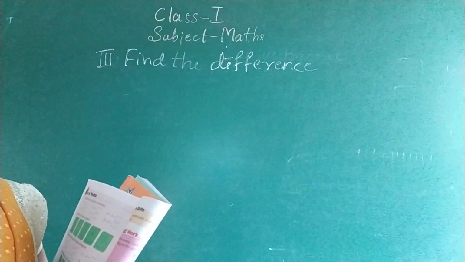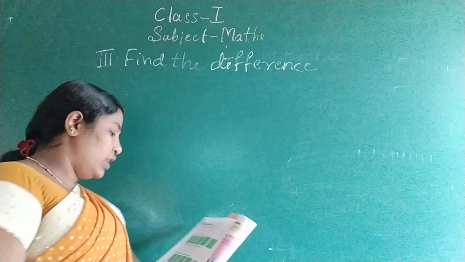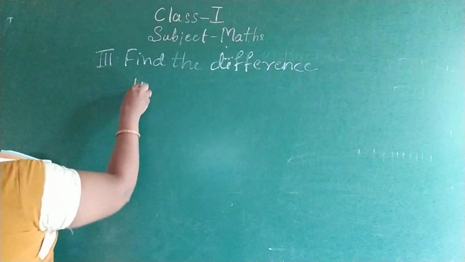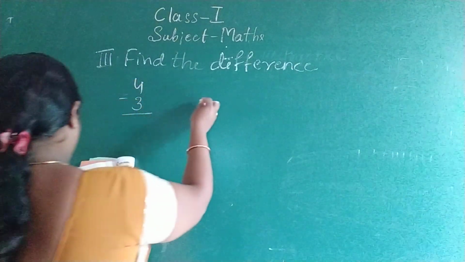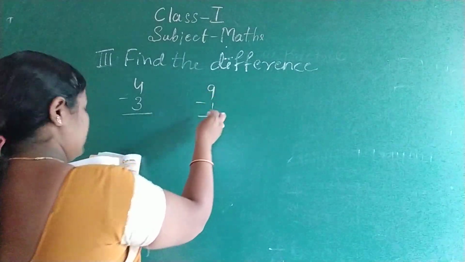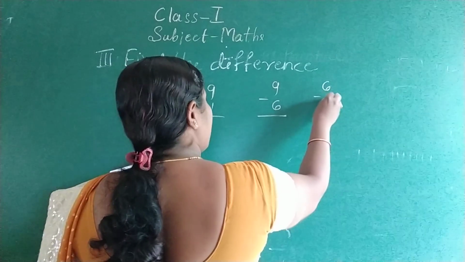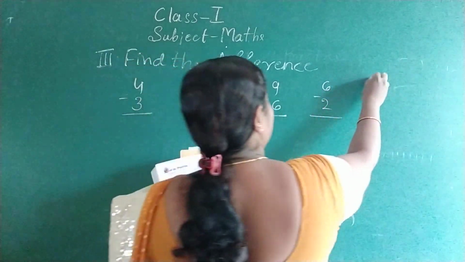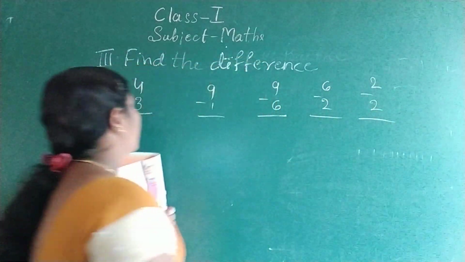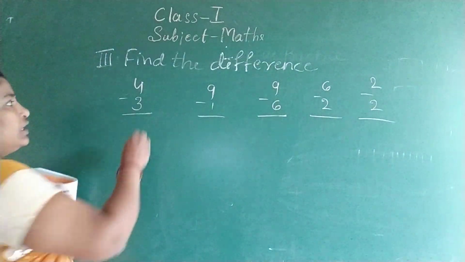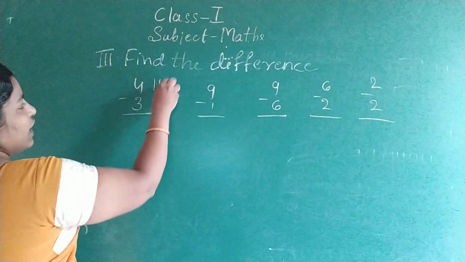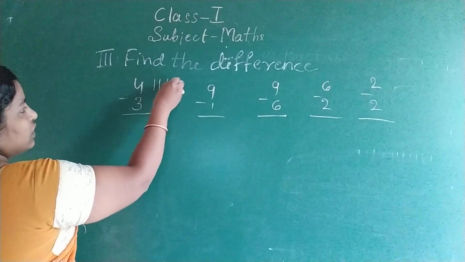Difference means we should do subtraction. Okay. Now see, 4 minus 3. 9 minus 1. 9 minus 6. 6 minus 2. Then 2 minus 2. So by the lining method, first the big number, 4 lines you put, minus 3 lines.